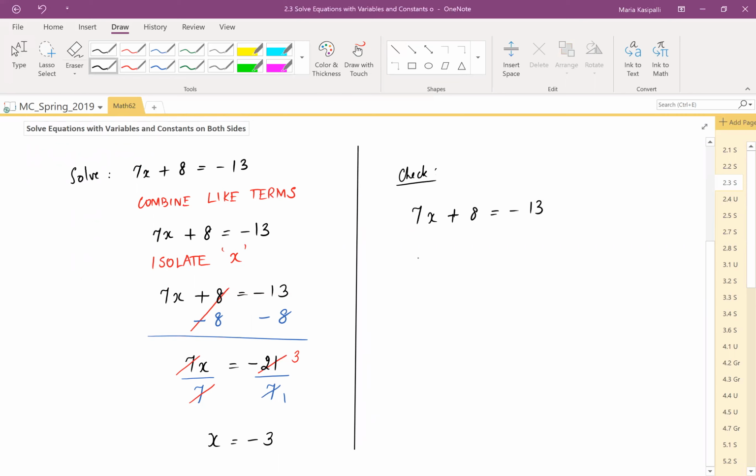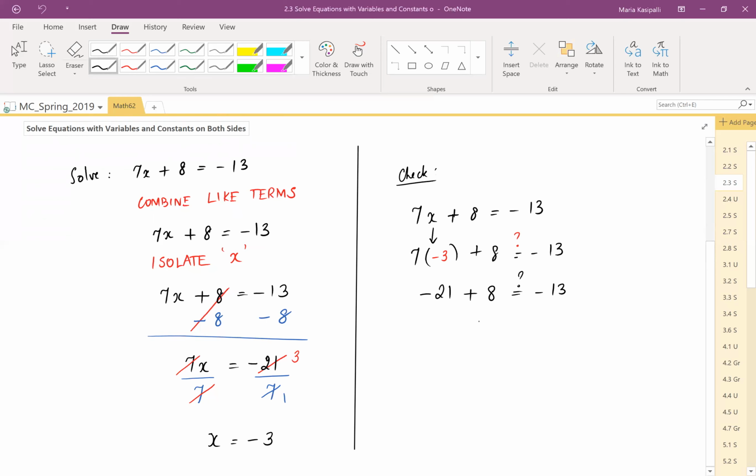And so we have 7, plug in for x, draw the shell, plus 8, equals negative 13. Plug in the answer we just got, put a question mark there. Okay, 7 times negative 3, negative 21, plus 8 equals, with a question mark, negative 13. All right, combine these two.